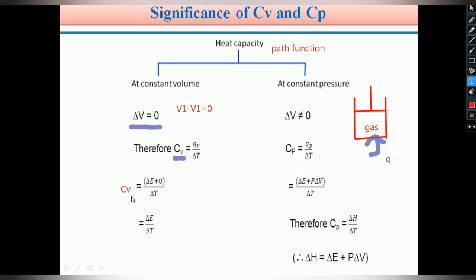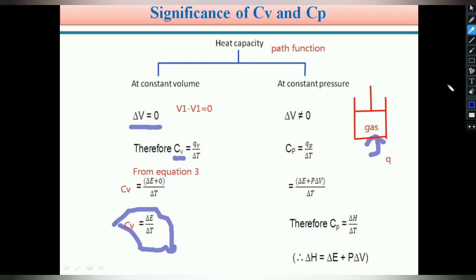From equation 3 in the previous slide, Cv is equal to delta E plus P delta V by delta T; delta V is 0, therefore P delta V is 0, and that equals delta E by delta T. Therefore, students, we calculate heat capacity at constant volume as Cv is equal to delta E by delta T.